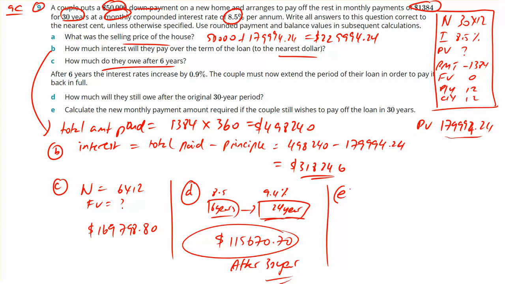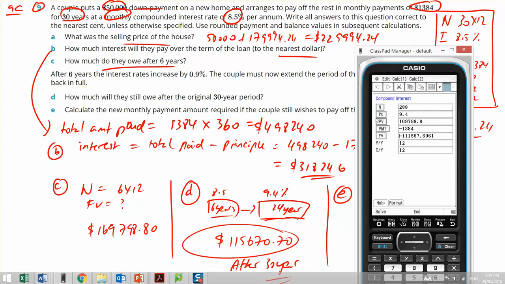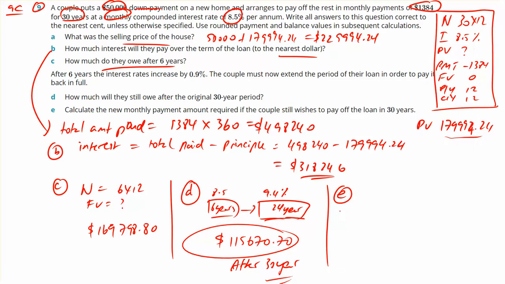So for part E, it says calculate the new monthly payment required if the couple still wish to pay off the loan after 30 years. They're willing to pay a bit more for the payment. So pay off the loan means the final value is 0. What is the payment required in order to achieve this? So solve: 1487.29.